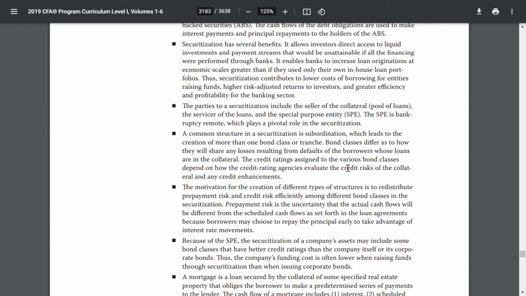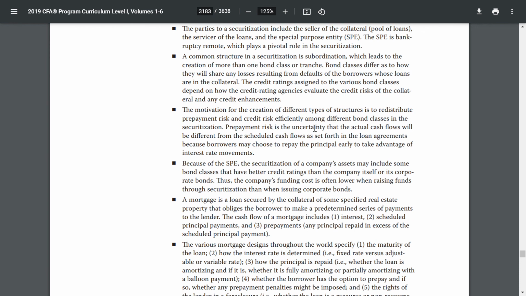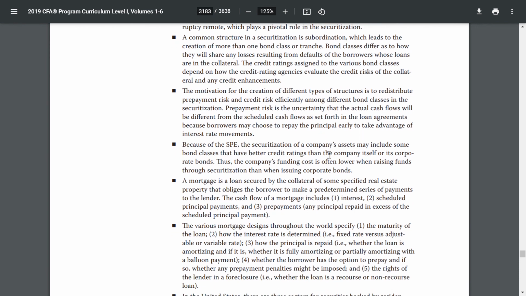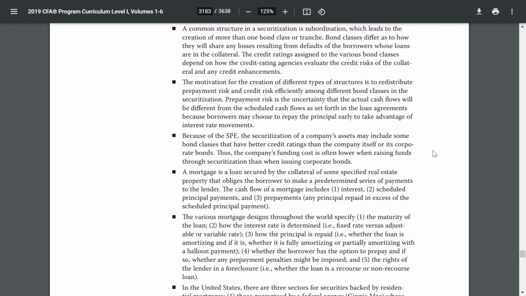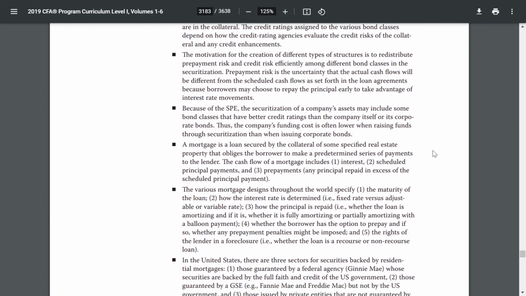The motivation for the creation of different types of structures is to redistribute prepayment risk and credit risk efficiently among different bond classes. In securitization, prepayment risk is the uncertainty that the actual cash flow will be different from the scheduled cash flow as set forth in a loan agreement, because borrowers may choose to repay the principal early to take advantage of interest rate movements.